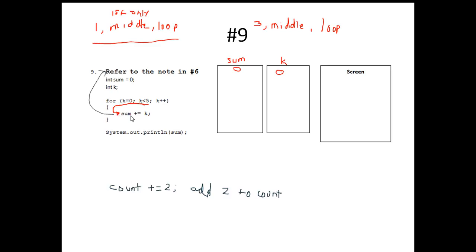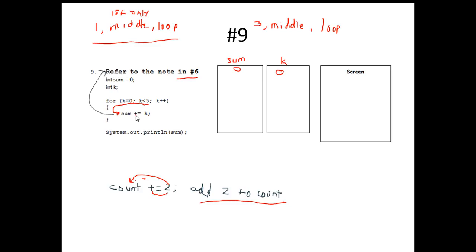And the loop says to assign something. Now, if you remember, the example we did in number 6, count plus equals 2 means to add 2 to this variable.